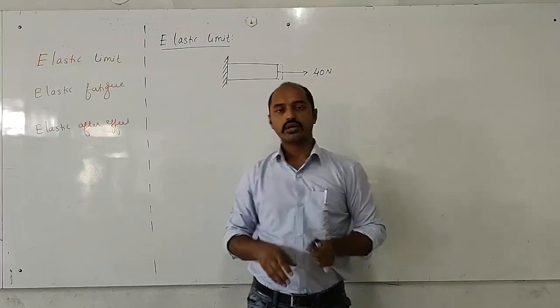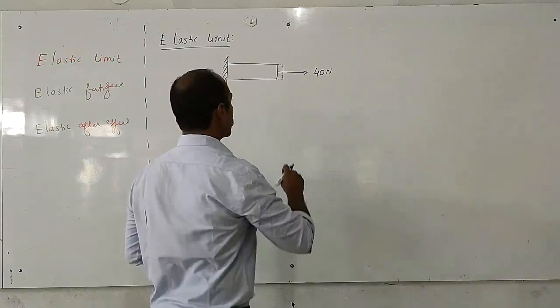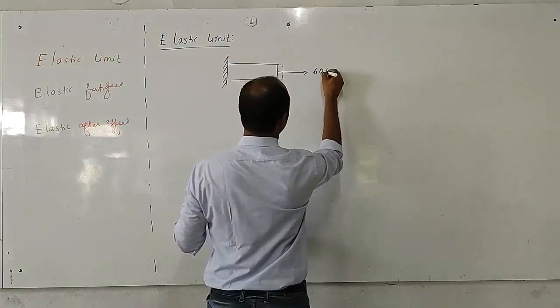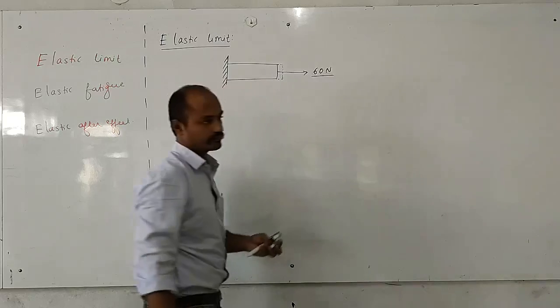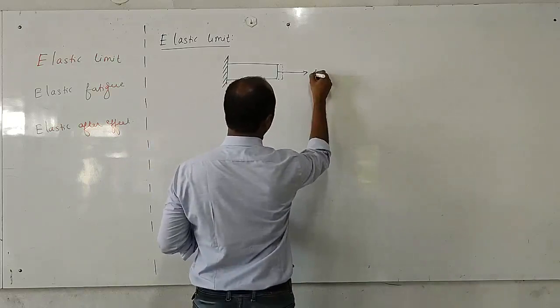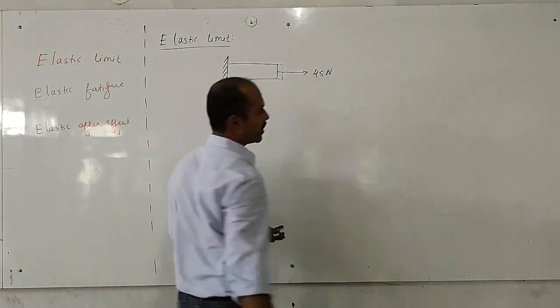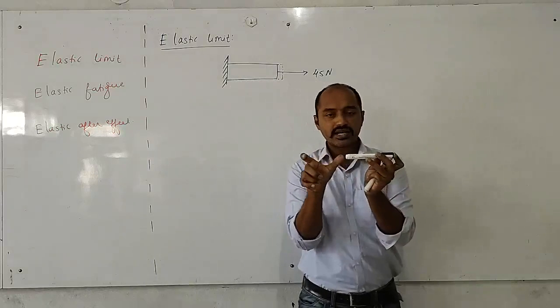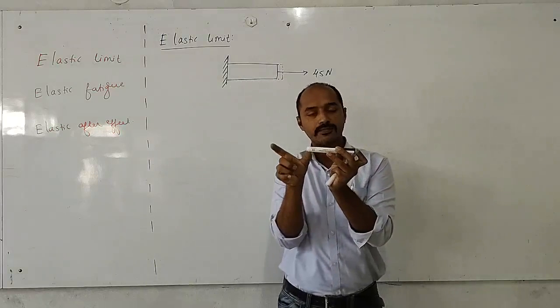Getting my point? Now what I will do is suddenly change the load. Let us take 45 Newton. I have applied 45 Newton. When I apply the 45 Newton, the body extends, the body changes its length.